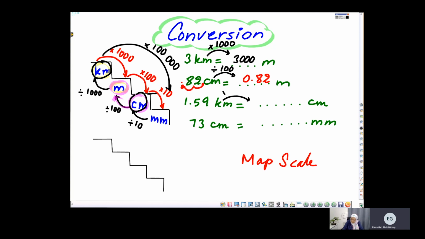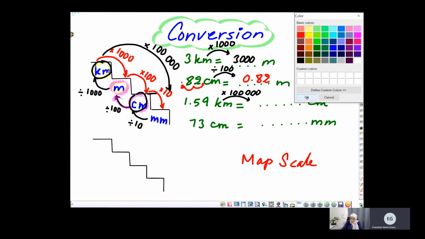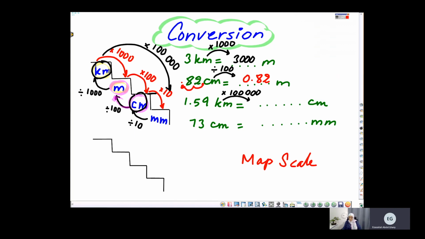To multiply by 100,000, you will move the decimal point forward to make the value bigger because you're multiplying. So you move it how many places? 1, 2, 3, 4, 5. You can put here 0, 0, 0, and then the point comes at the end.